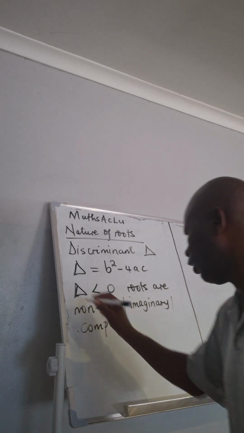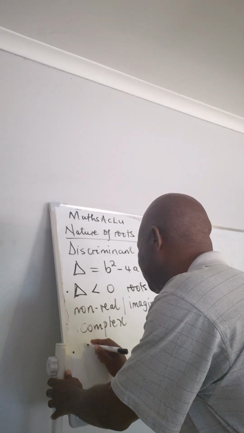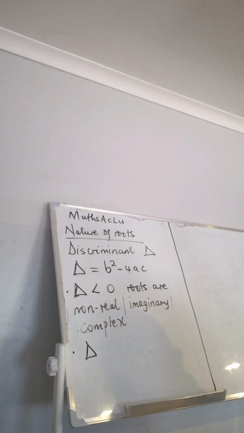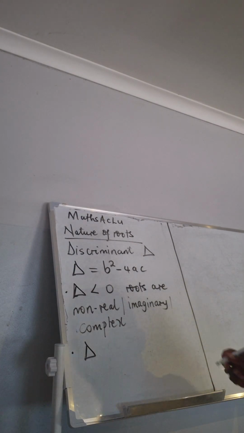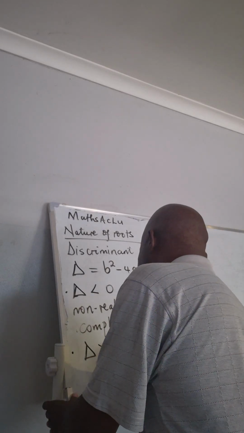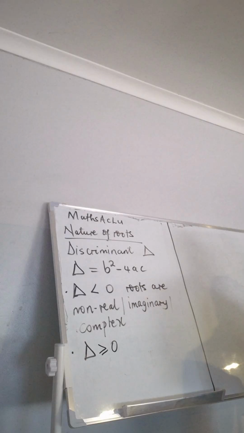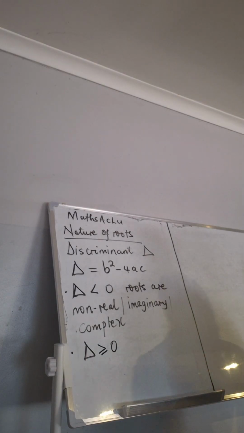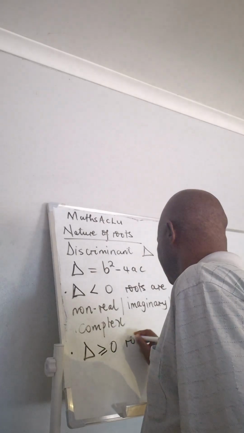Right. Now, again, when you calculate the discriminant and you see that it is greater than or equal to 0, that means roots belong to the set of real numbers.